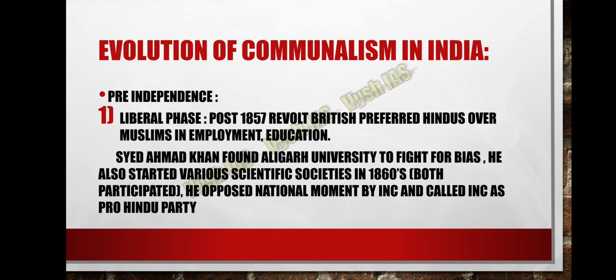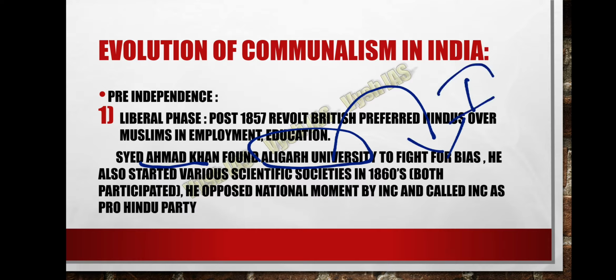As a result, a Muslim leader, Syed Ahmed Khan, founded Aligarh University. It was actually founded to fight this bias, which is nothing but the inequalities that started developing because of the British preference for Hindus over Muslims.